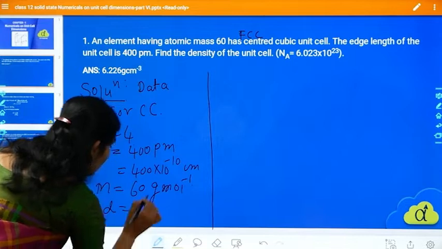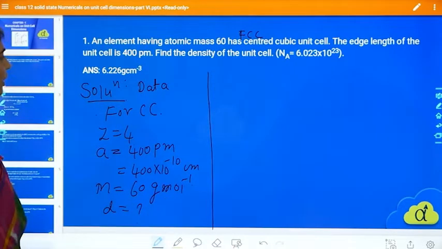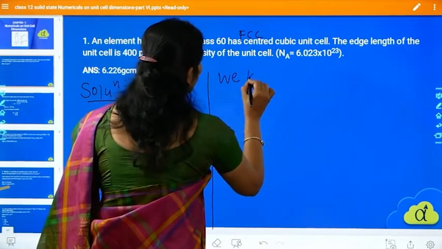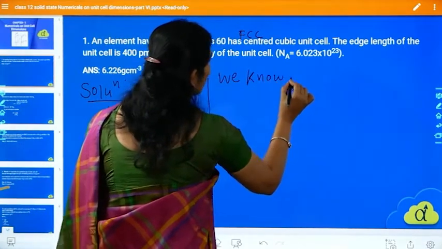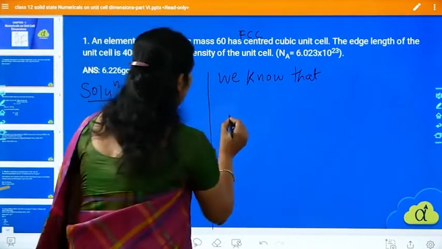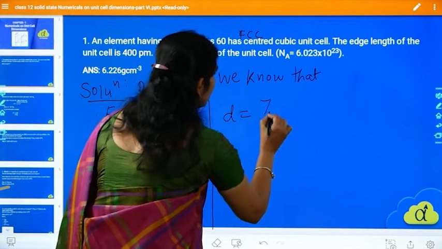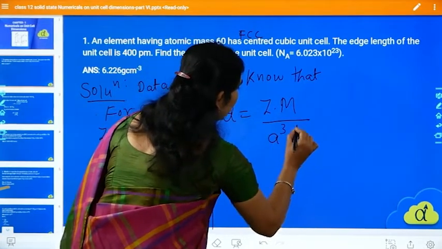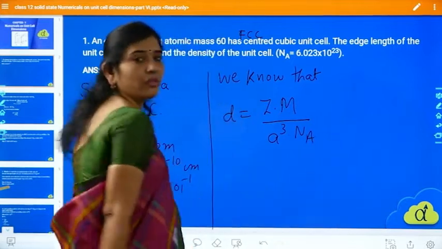Therefore D is equal to how much? What is the formula? You should write like this: we know that D is equal to Z into M divided by A cube into Na. This is the formula.